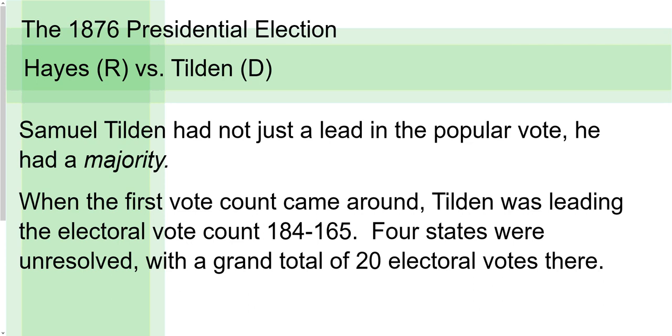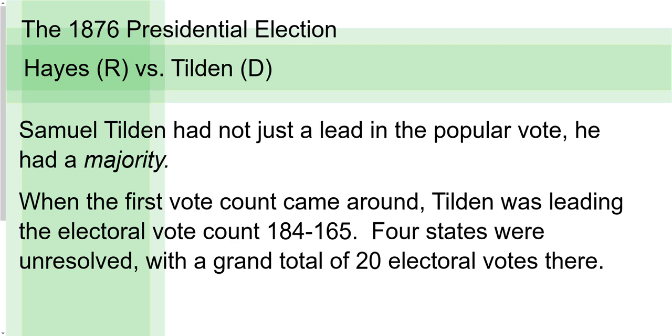Now, Samuel Tilden was a pretty popular fellow. He had not just the lead in the popular vote, he had a majority. When the first vote count came around, Tilden was leading the electoral count 184 to 165. Four states were unresolved, with a grand total of 20 electoral votes.